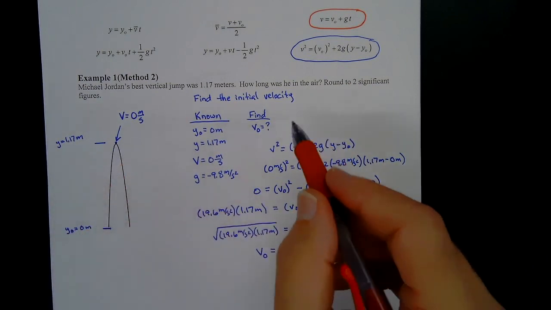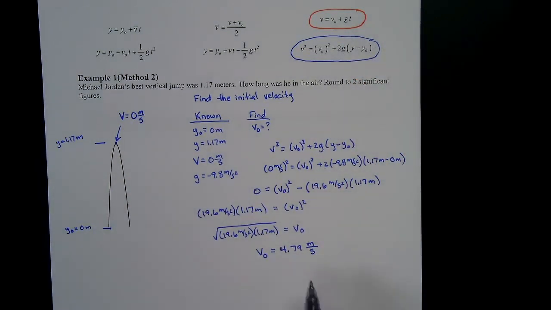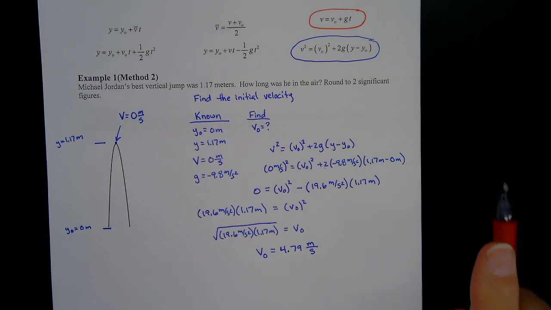So this is going to be the time going up, because that's how long it took to go from 4.79 meters per second to 0 meters per second, okay? And then I'll have to double it in order to get also the time coming down, which would be the time that Jordan was in the air, okay?